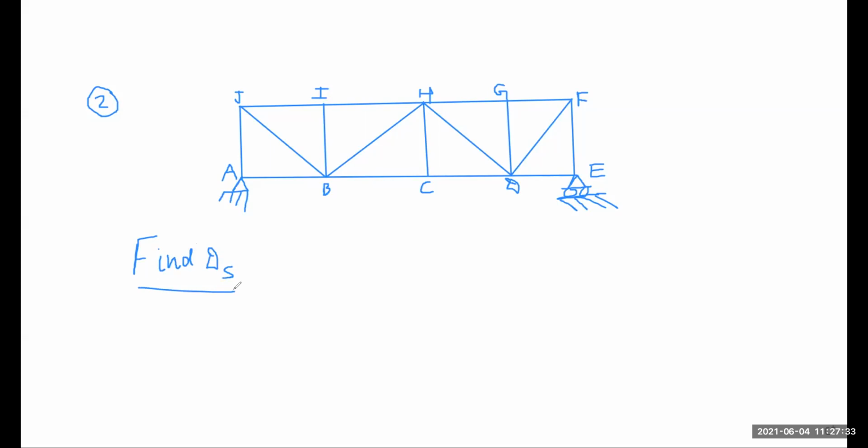This is also a simple problem. Someone is saying, sir, ds is equal to 0.